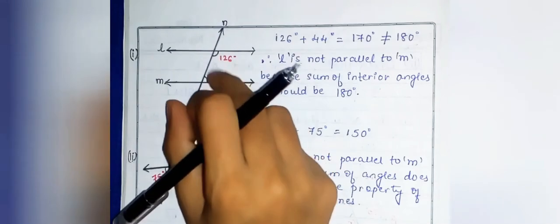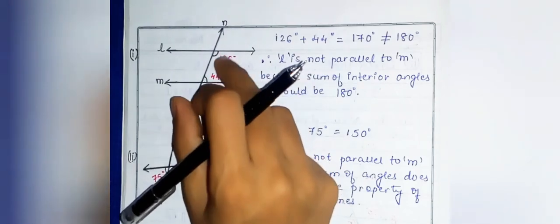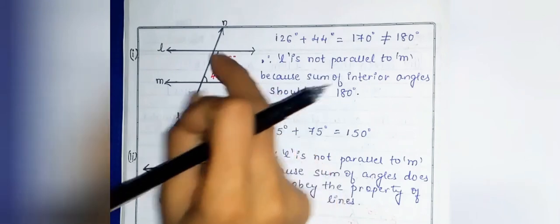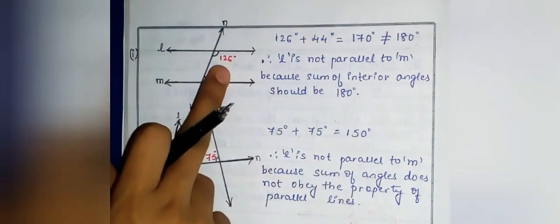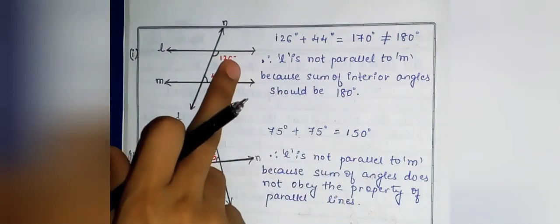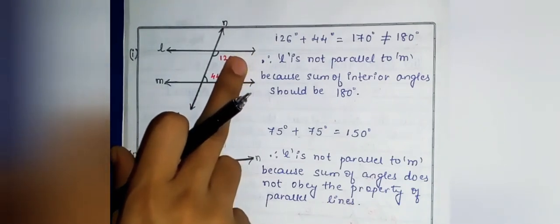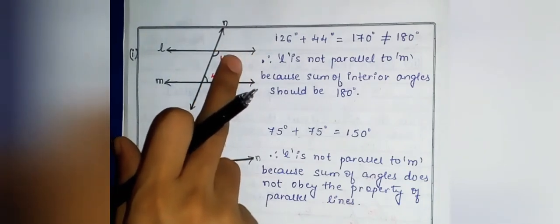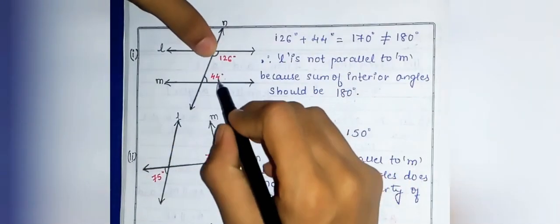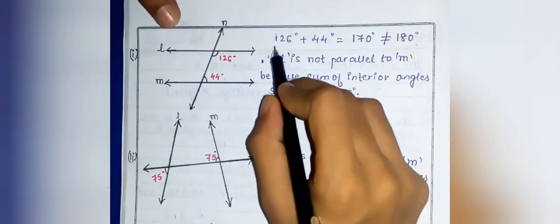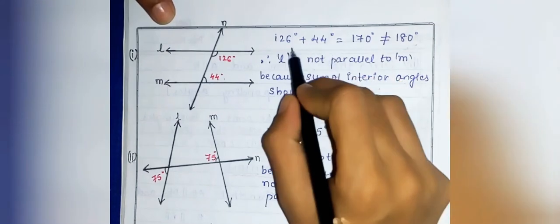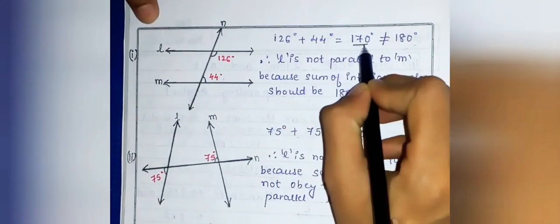Now these angles, okay, they are supplementary. ऐसा जो angle होता है जो transversal के same side पे होता है, so the angles which lie on the same side of transversal and they are interior also, such angles are supplementary, means उसका total always 180 होता है. So let us check. So 126 plus 44 degree, we will add 126 plus 44 degree. Now after adding, the answer comes out 170 degree.